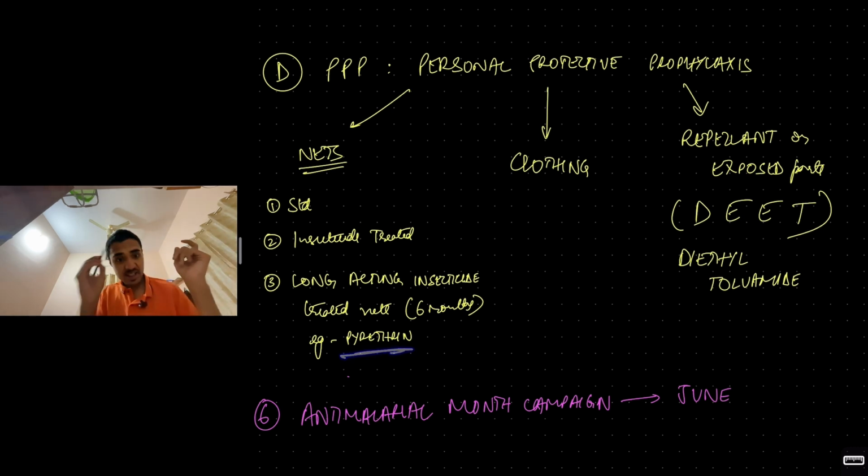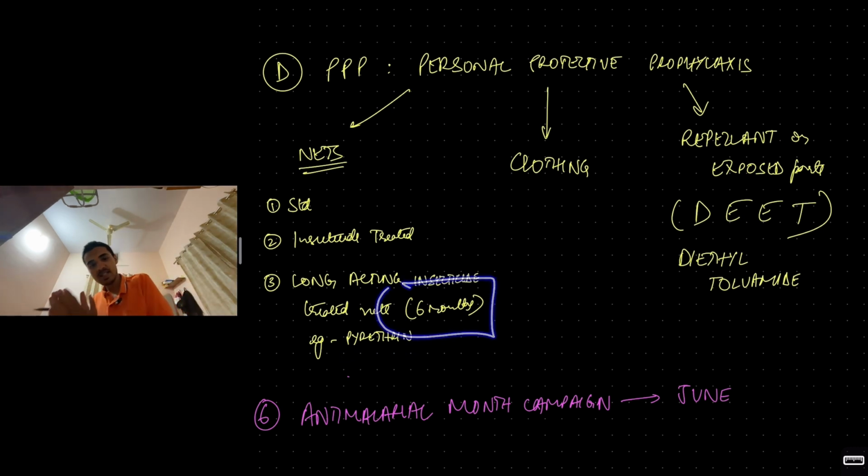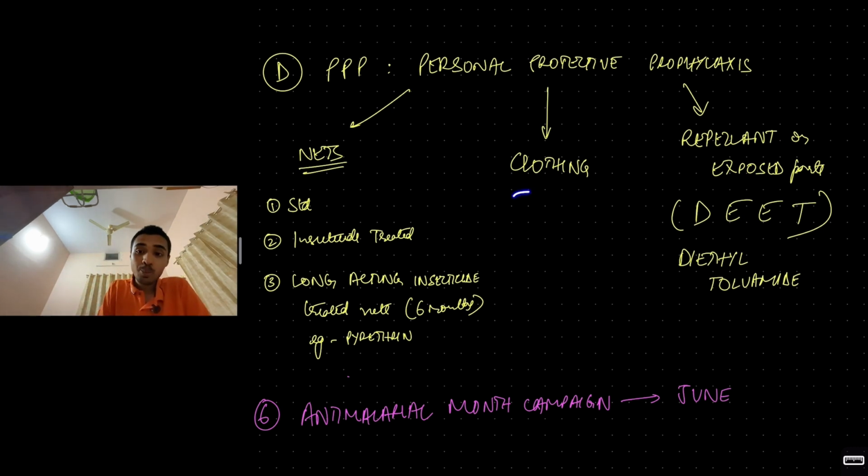For 6 months also, the insecticide will be there in the mosquito net and it will repel the mosquitoes, it will kill the mosquitoes. Then using appropriate clothing, you will cover yourself with clothing so that there is less exposure to mosquitoes. And mosquito repellent. Mosquito repellent, don't write Odomos. What does Odomos contain? Odomos contains DEET, diethyl toluamide. These are repellents.